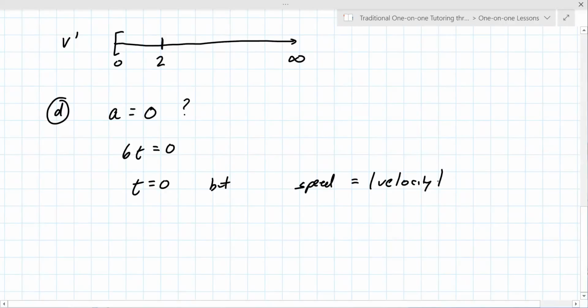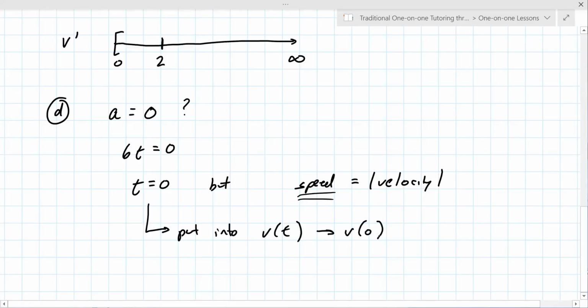Are you taking physics, or have you taken physics? No. Okay. All right. Well, your car tells you speed. Velocity depends on direction. So if you were to get a negative number, you would have to take the absolute value of that. So this is basically saying take t equals 0 and put it into the velocity function.